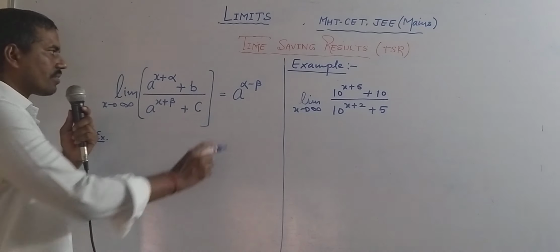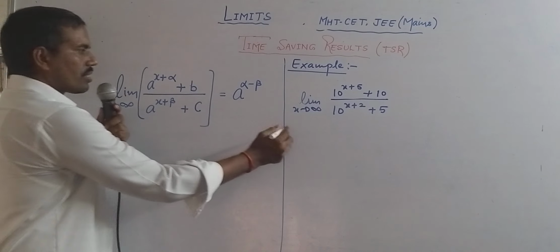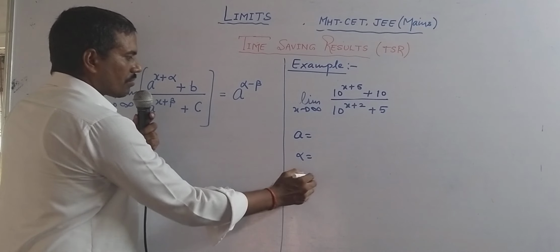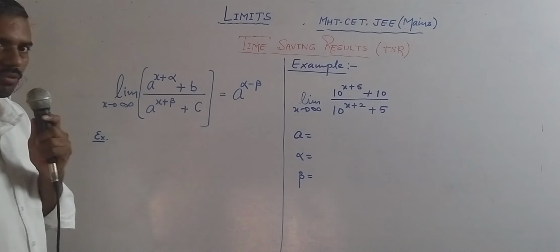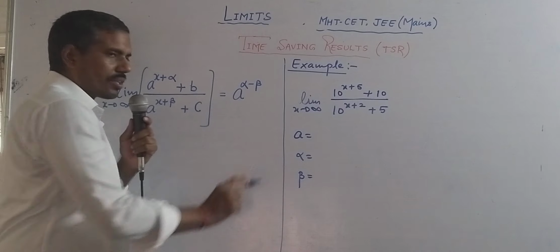We see that in the result there are three parameters. The first one is a, the second one is alpha and the third one is beta. Means we have to find only three parameters: a, alpha and beta.